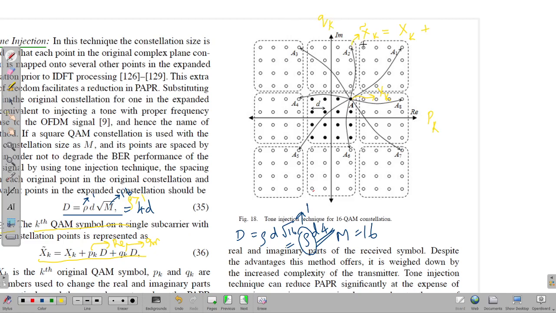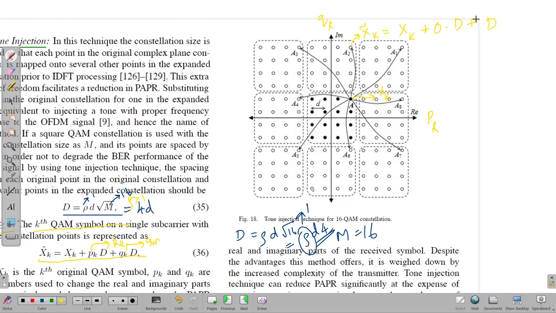For this point you can see that there is no variation along the real axis. So you can write pk is 0 into d plus qk is 1 into d.